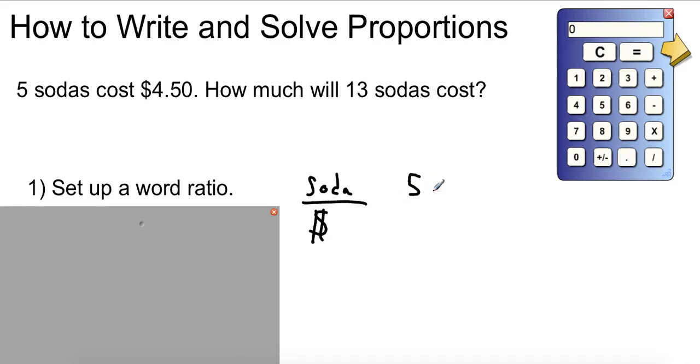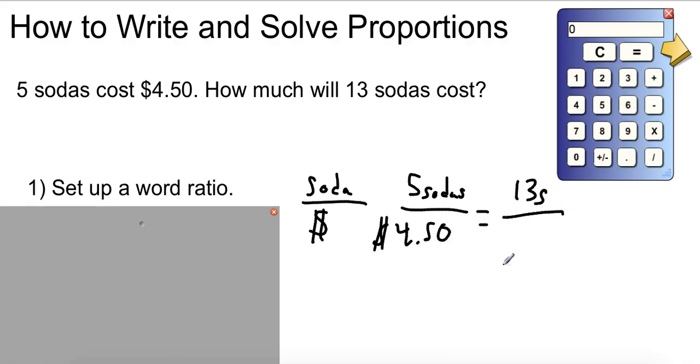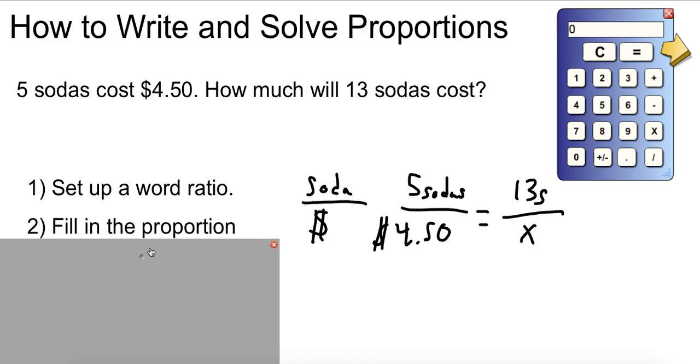I know that 5 sodas will cost us $4.50. I want to know the cost of 13 sodas. That'll go in my numerator. I don't know how much money that is, so I'm going to leave that as the variable x. So what I've done right now is I filled in my proportion.